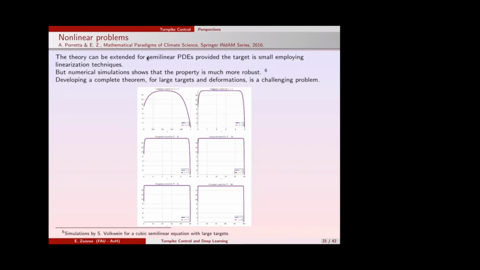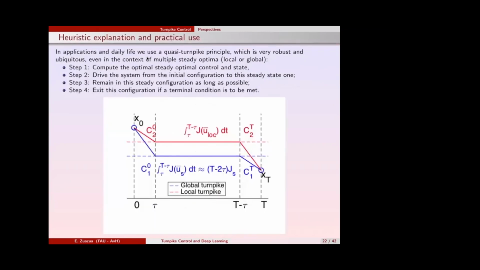We can, of course, do a small, this is what we did in this paper with Porretta back in 2016, where we say, well, if you have the Turnpike theory for the linear problem and you do small nonlinear perturbations, you keep it. But definitely, the simulations show that the effect of the Turnpike is much more universal than what we can actually prove, right? And this is the Turnpike principle. The Turnpike principle says, now, if you are allowed to control the system in long time, right?